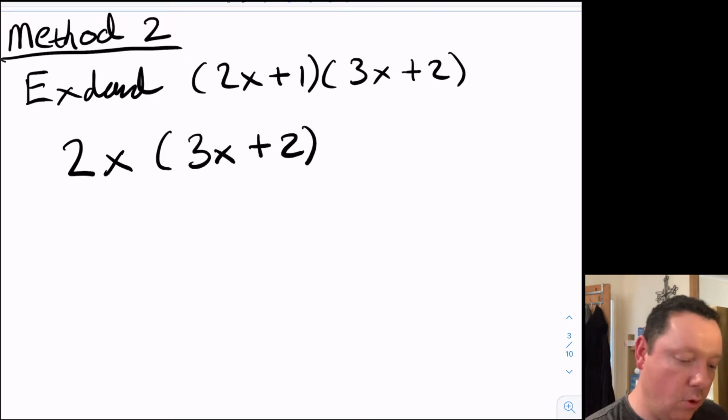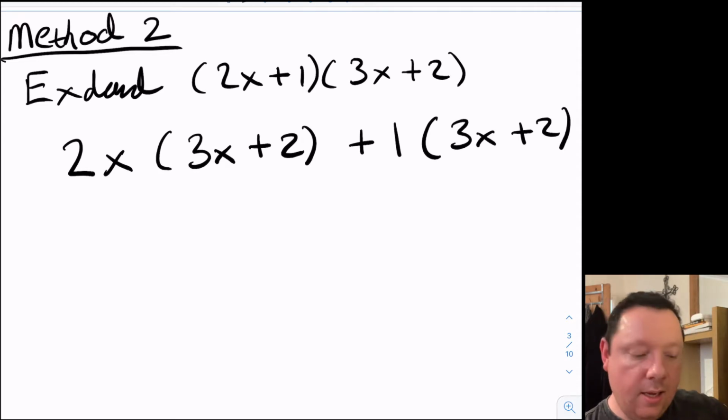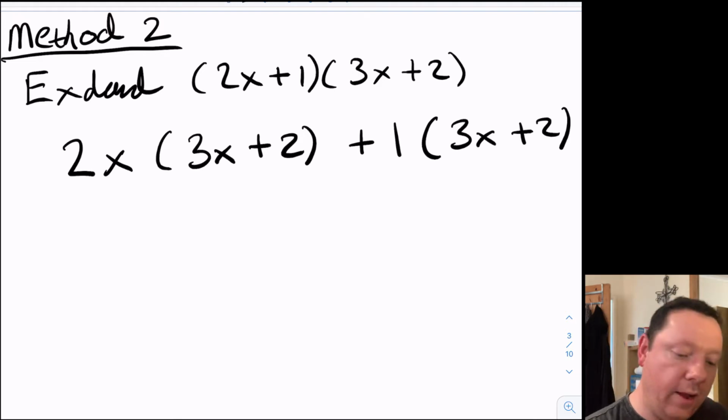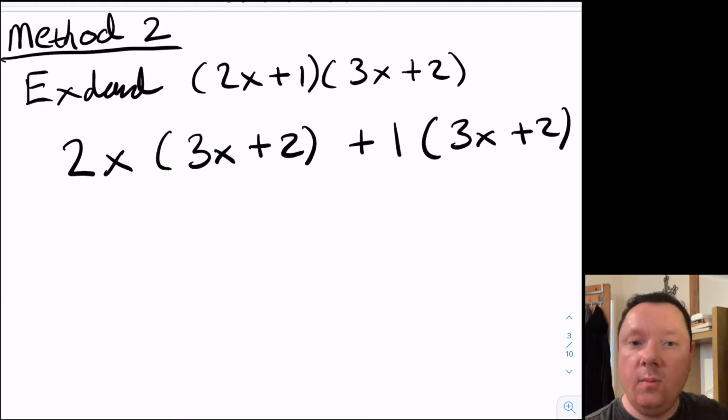And then I've also got add 1, and that also has to be times by 3x plus 2. So all I've done is split it up. Instead of saying it's the whole of 2x add 1 times the whole of 3x add 2, I've said that it's 2x times the 3x add 2, and it's 1 times the 3x add 2. And we just then expand those single brackets like we did in the previous video and simplify.